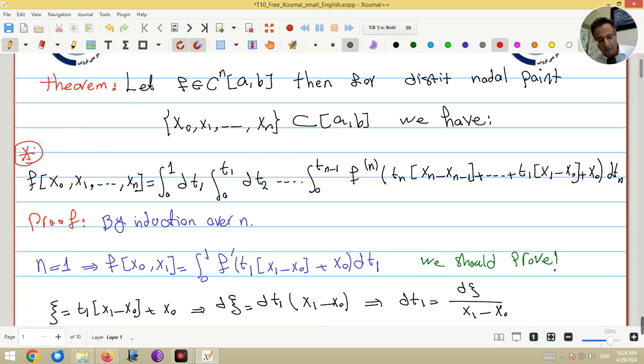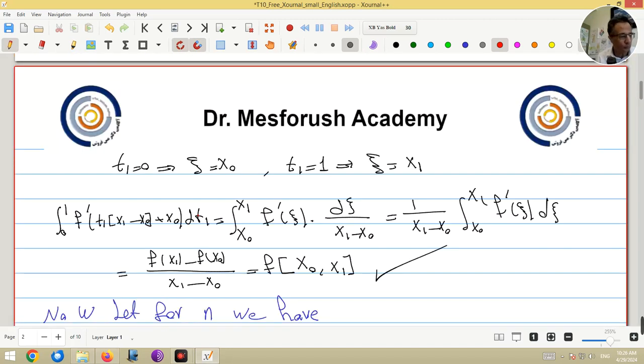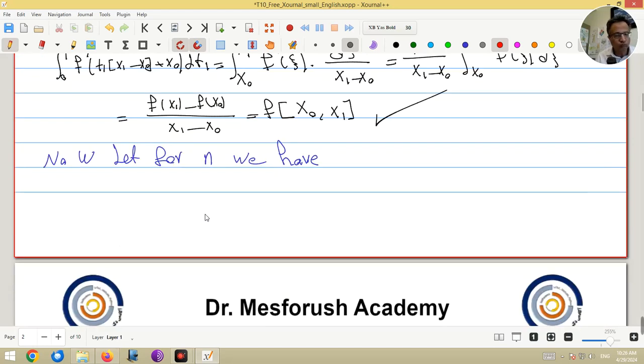This is in fact the assumption of the induction, so let it be true. Let me do something more. For n minus 1, let me rewrite it.